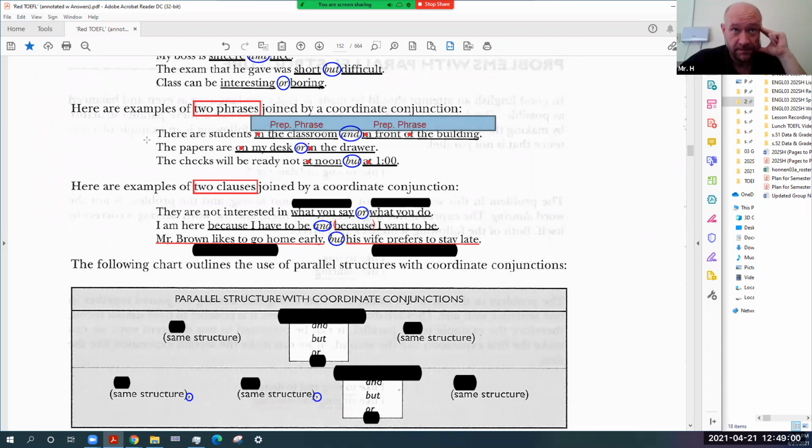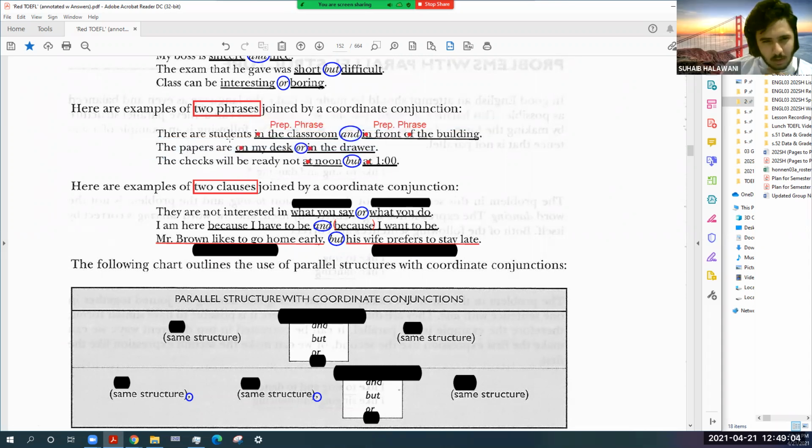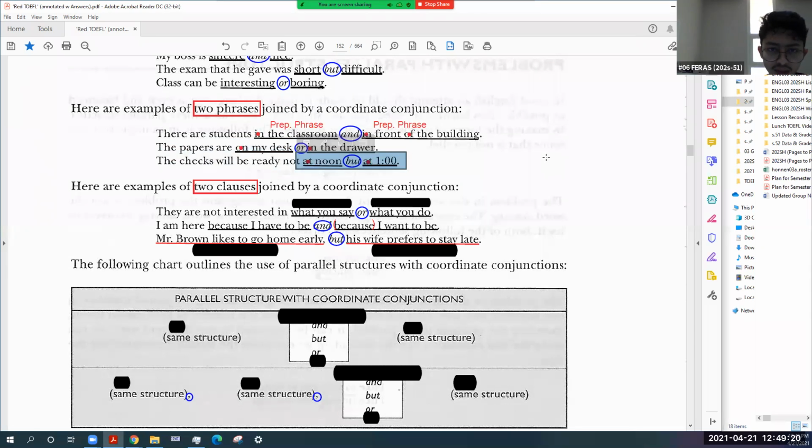Suhaib, next. The papers are on my desk or in the drawer. What do we have? Two prepositional phrases. Good. Firas? The checks will be ready not at noon, but at 1 o'clock. What do we have? Two prepositional phrases.